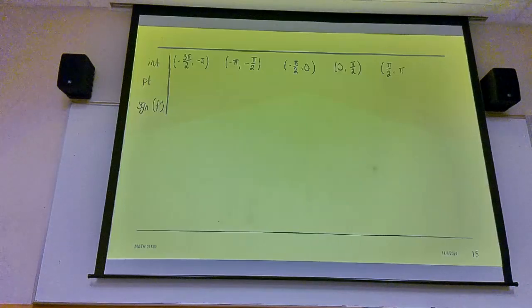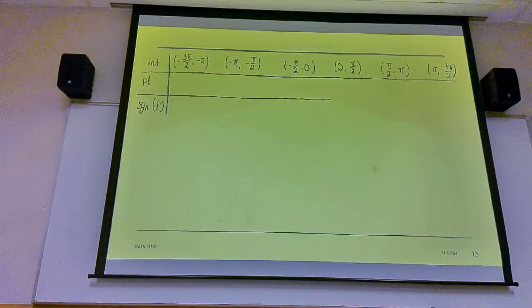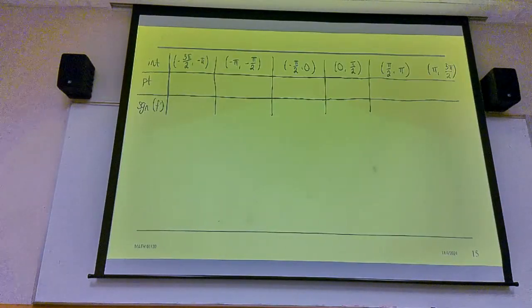And finally, and now here, test points don't matter.